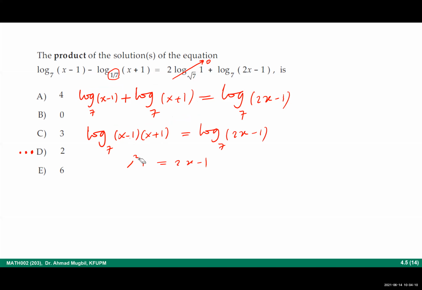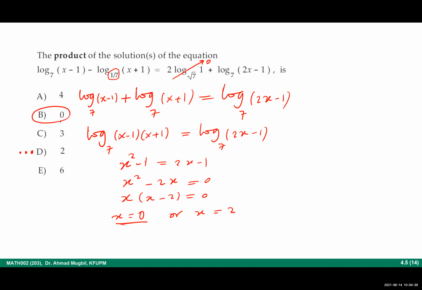Is that right? Yeah. And of course, this will be x squared minus 2x. This negative 1 will go with that negative 1. And now we need to take x as a common factor. So we have x times x minus 2 equals 0, so x equals 0 or x equals 2. So we have 2 solutions. The product of them, what is the product of 0 and 2? It is 0. So the answer must be B.